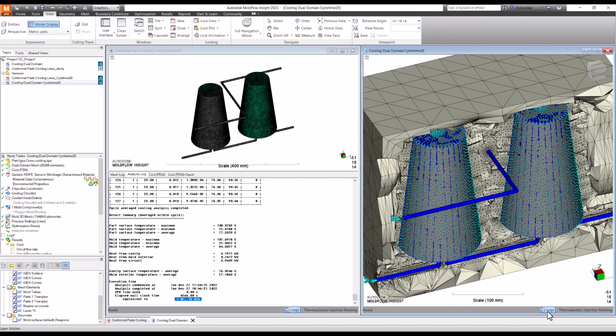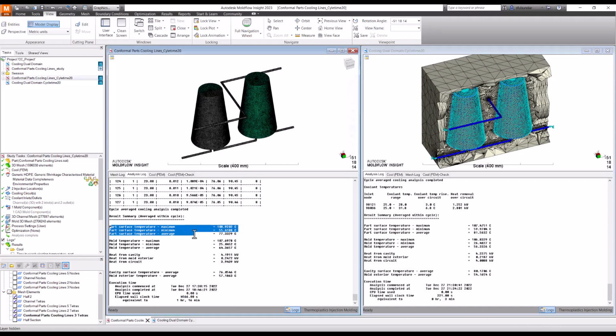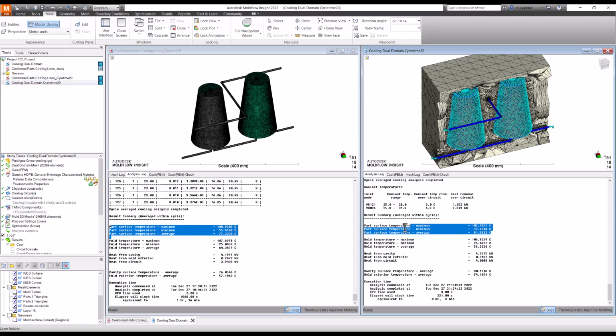Another thing that I would like to highlight here is the comparison of part surface temperature minimum, maximum and average between the two. As you can see, I'm not saying they exactly match, but they are very close, like 107.5 versus 108.9, about a 1.5 degree difference between these two.